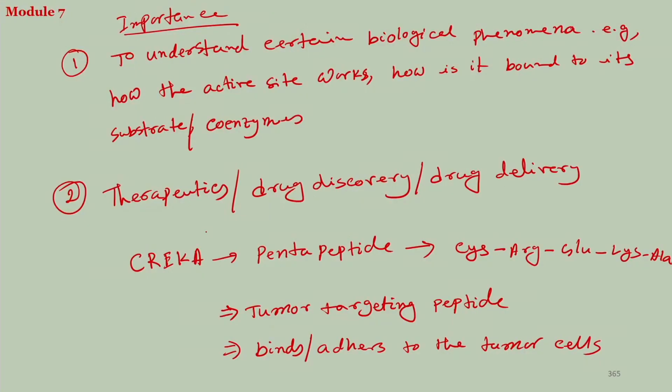The drug along with the peptide can now go specifically to the tumor cells. That is called targeted drug delivery. Such short peptide sequences, because of their tumor targeting property, can be very useful in therapeutics.